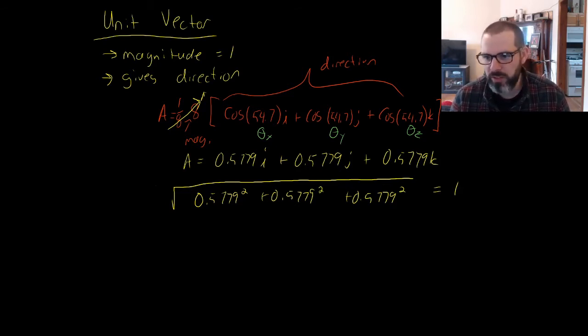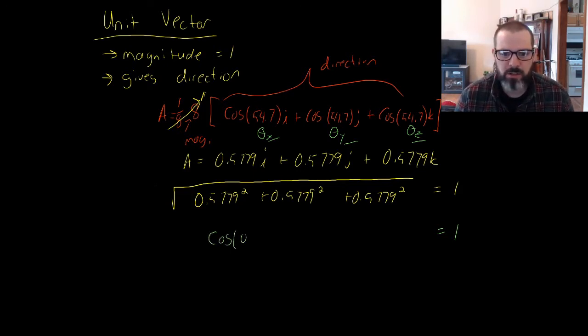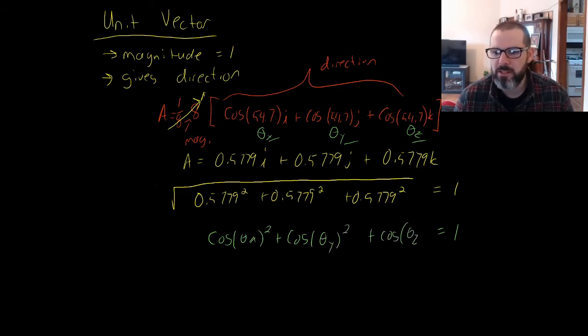But if you square 1, you're always left with 1. This 0.5779 squared is nothing different than saying the cosine of theta x, theta y, and theta z squared. So for a unit vector, the cosine of theta x squared plus the cosine of theta y squared plus the cosine of theta z squared is equal to 1.